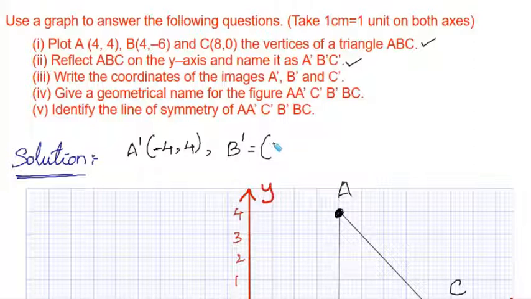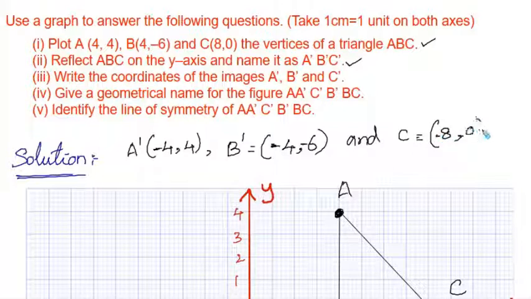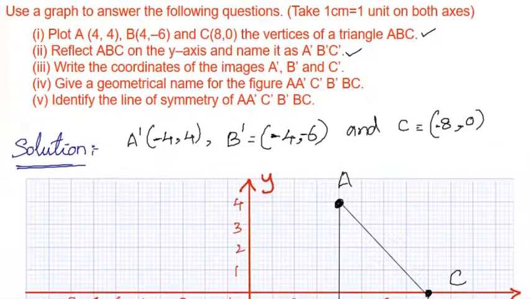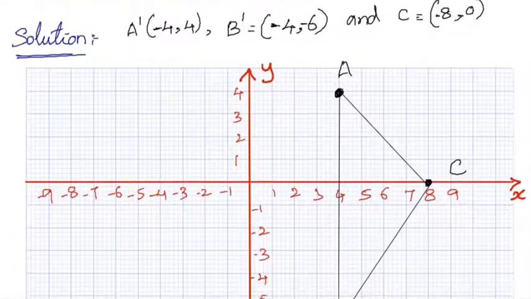So A dash becomes -4, 4 and B dash becomes -4, -6 and C dash becomes -8, 0. So these are all the A dash, B dash and C dash vertices.